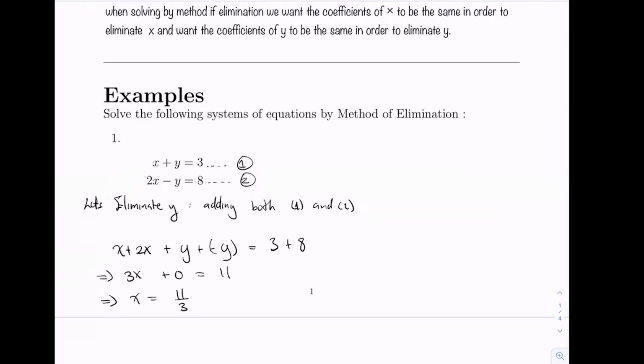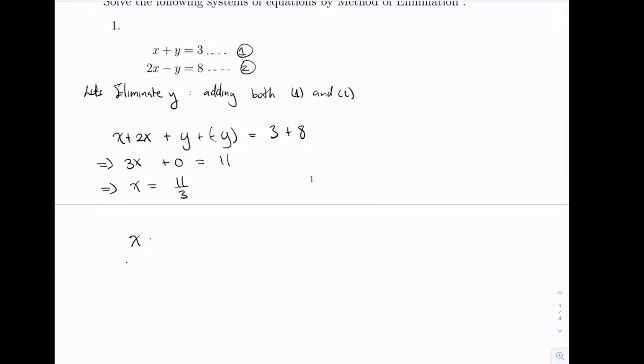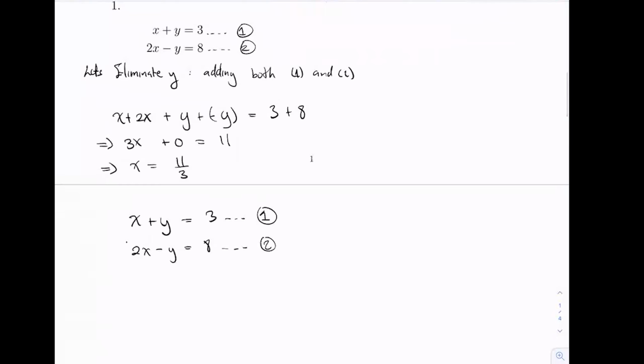Now I'm going to eliminate X and solve for Y. So if I take the same system of equations, X plus Y equals 3 as equation number 1, and 2X minus Y equals 8 as equation number 2, I can eliminate X, but only if the coefficients of X are the same.